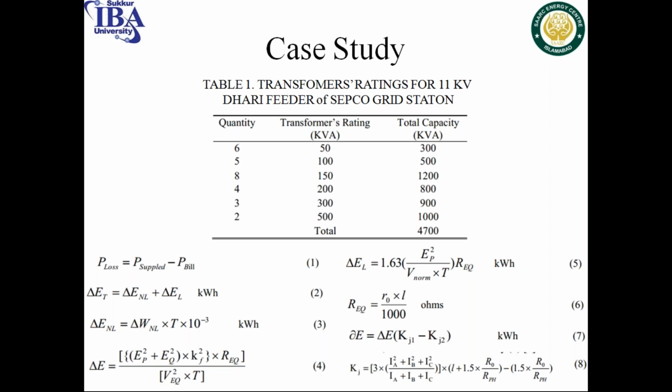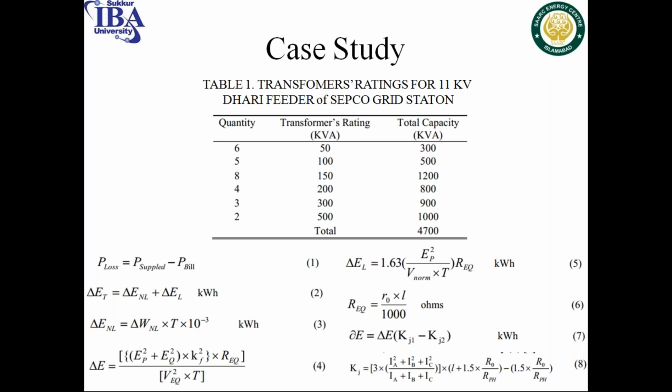So table 1 shows the transformer rating for the Dadi feeder of the SEPCO network, and we have 28 transformers of different ratings, and I have found their cumulative capacity. The cumulative capacity is 4,700. So why are we doing this? Actually, the point of measurement in the distribution system for assessing the losses is the transformer.